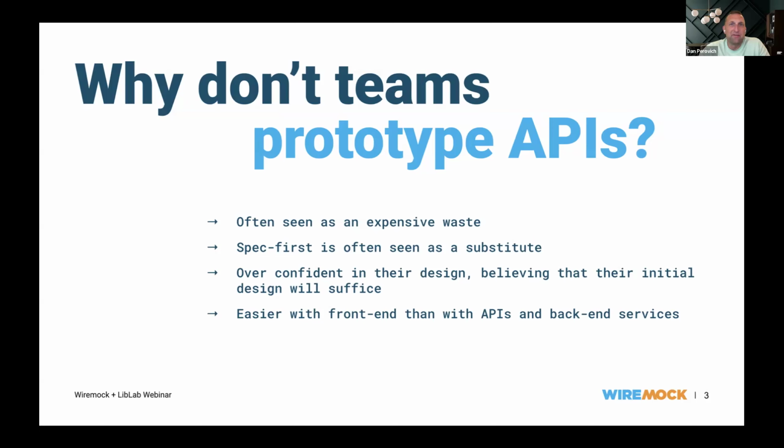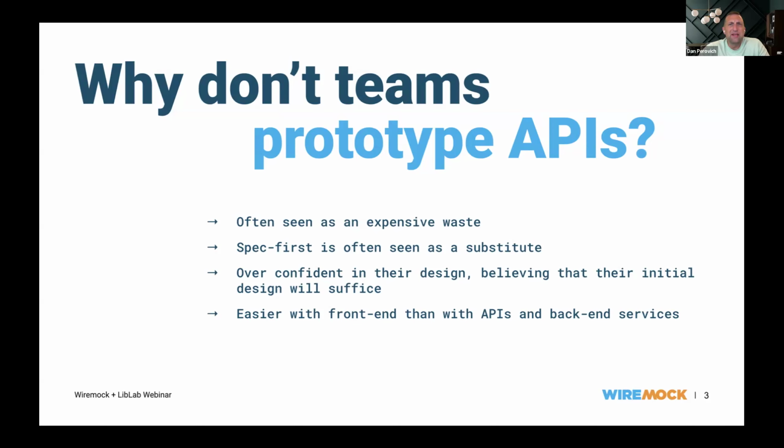Teams often get overconfident in their designs, believing that, hey, we've got it nailed the first time around, so we don't need to prototype anything. We don't need to actually try calling this from the consumer to see if it's going to meet the business needs or not. So we've got that overconfidence factor. This is often seen as being easier with front end than with APIs and back end services.